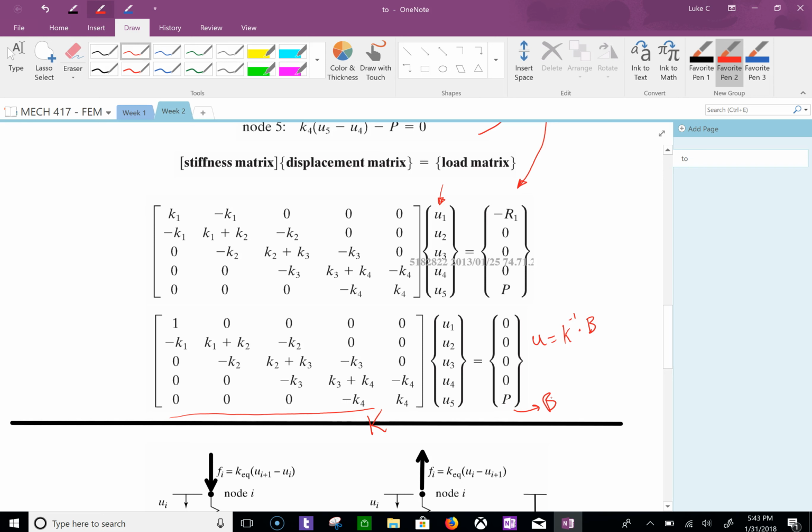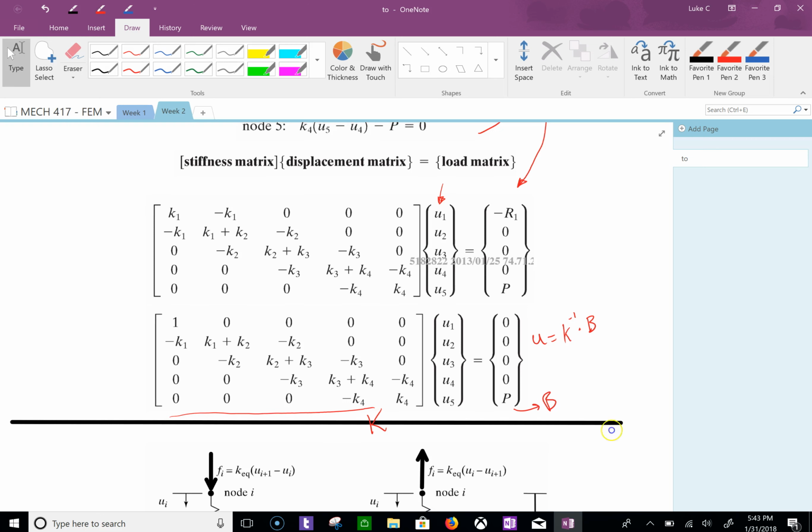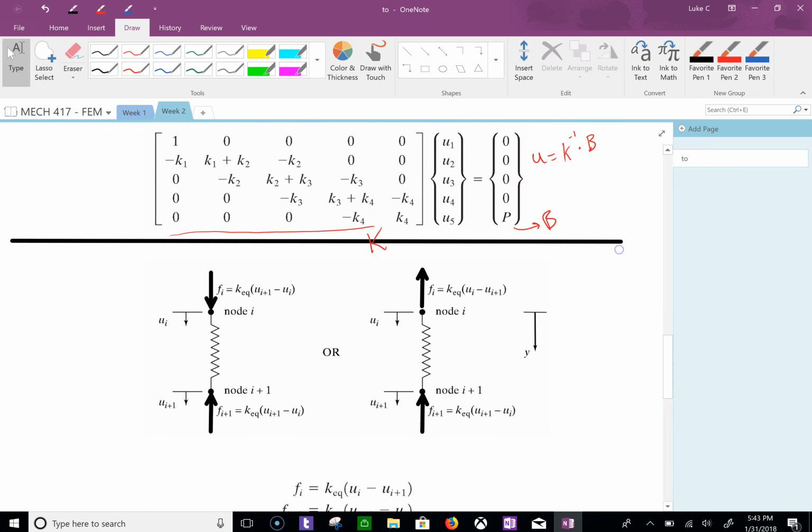So this is a method of using forces in free body diagrams, looking at all of the system. Well, the way we normally do this in FEM is we look at each element and we look at the forces acting on the element, and then we apply that for each element.